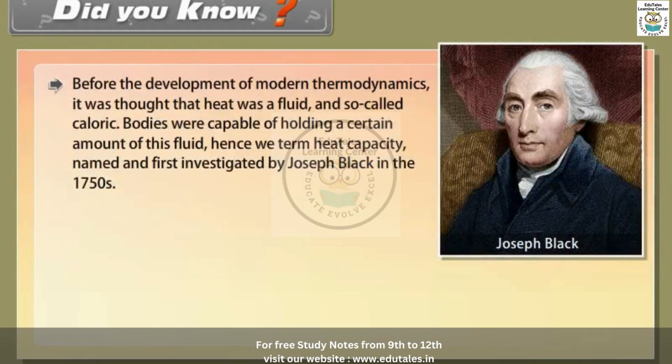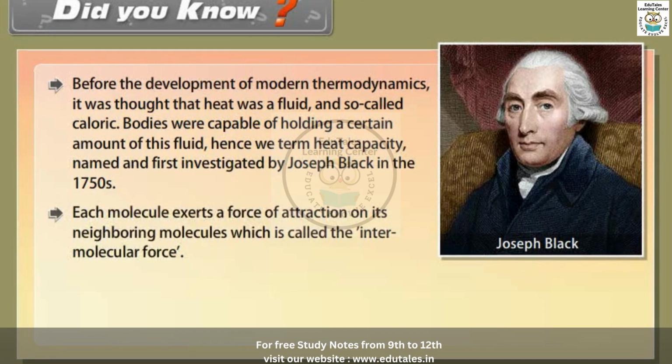Did you know? Before the development of modern thermodynamics, it was thought that heat was a fluid, the so-called caloric. Bodies were capable of holding a certain amount of this fluid. Hence, we term heat capacity, named and first investigated by Joseph Black in the 1750s.